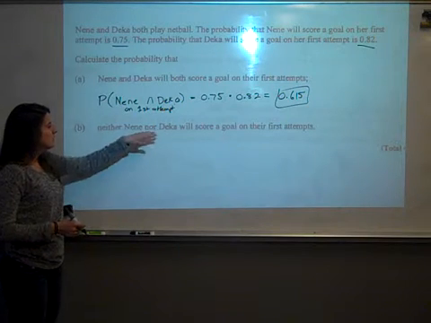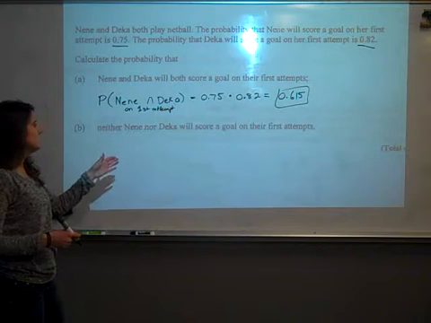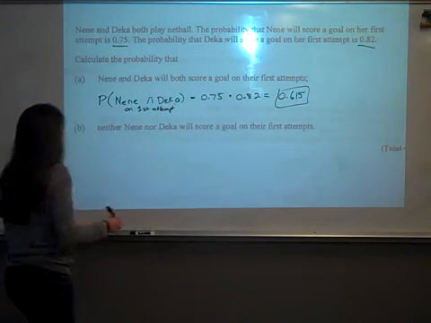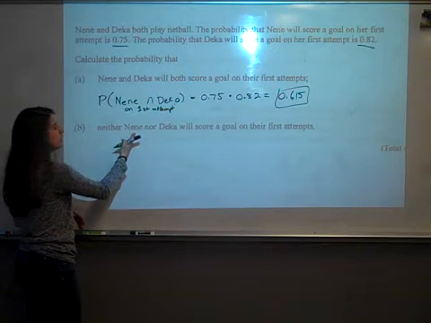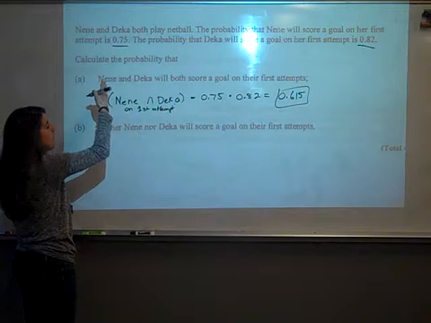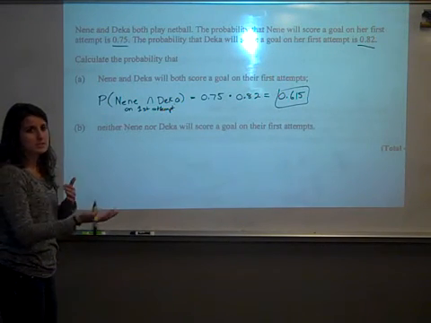So then, on part B, they want to find the probability that neither Nini nor Dika will score a goal on their first attempt. So, if we know the probability that Nini scores on the first attempt is 0.75, to find the probability that she does not score, you just take 1 minus that probability.